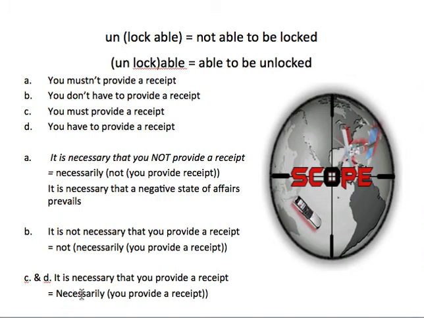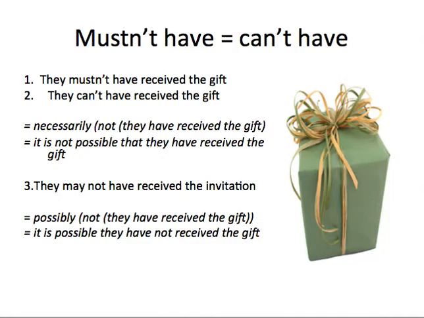In C and D, what we can see is that they both express the same meaning. You can see this again, the similarity between mustn't have and can't have. They mustn't have received the gift. They can't have received the gift.